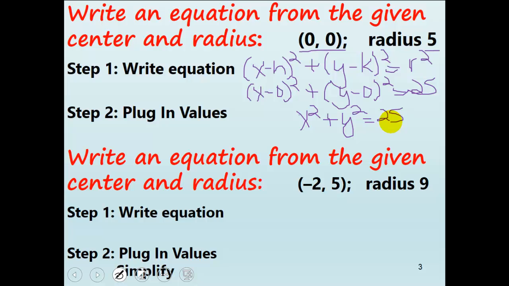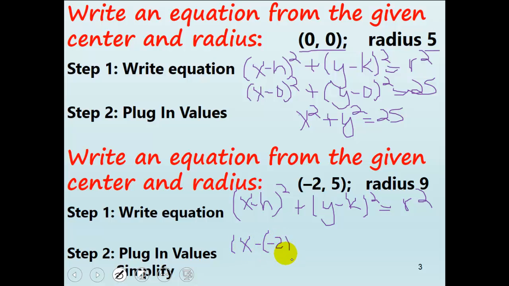Now if we want to write an equation that's not centered at 0, 0 and has a radius, we start with the same thing. x minus h squared plus y minus k squared is equal to r squared. Now I'm going to plug in my values. So I get x minus negative 2, and then that's squared, plus y minus 5, and that's squared, is equal to 9 squared.